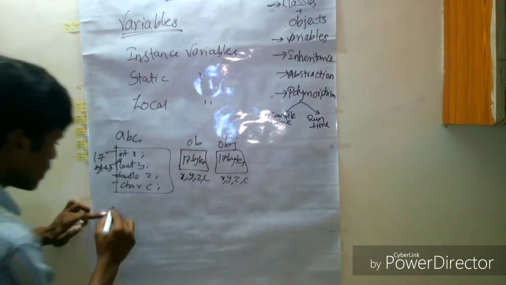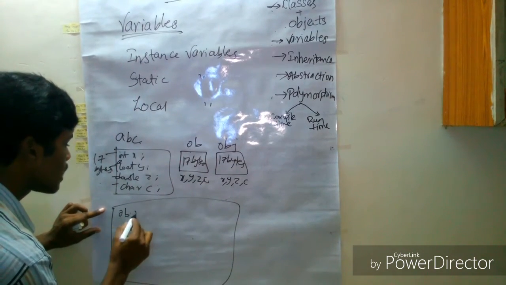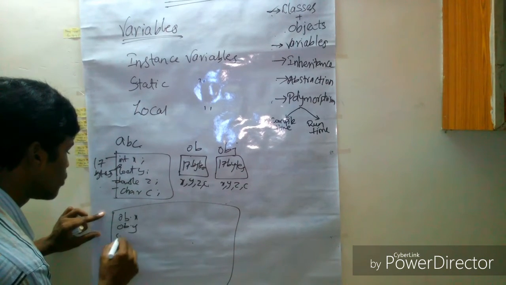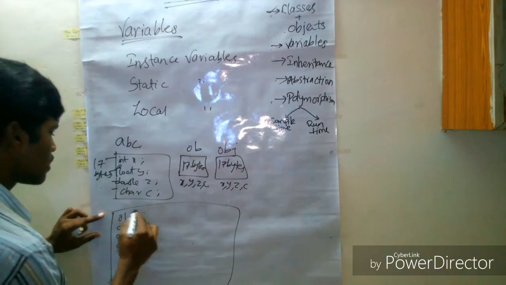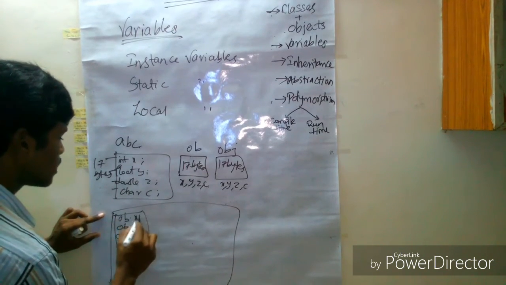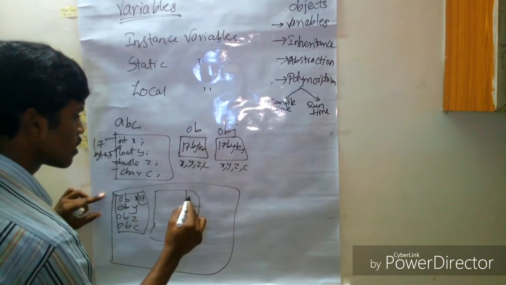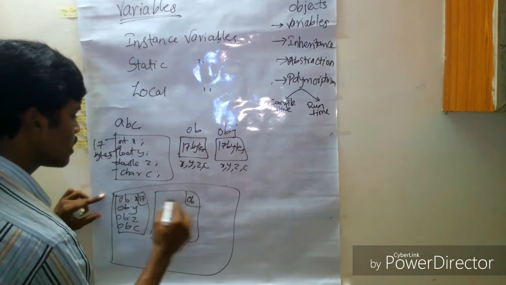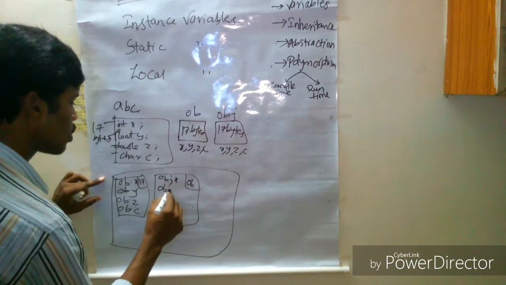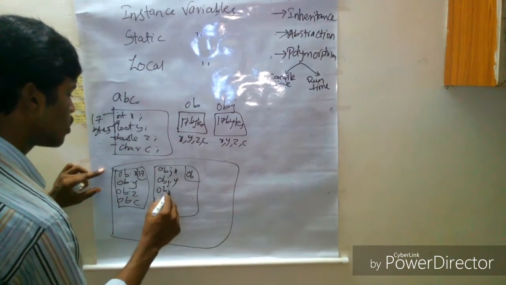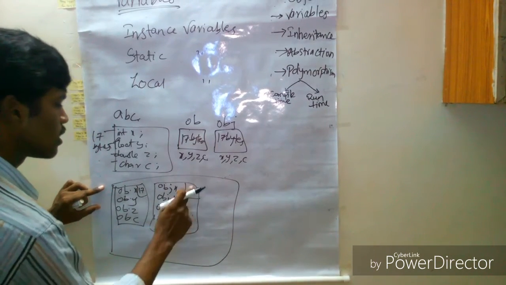In the main memory, there will be ob.x, ob.y, ob.z, and ob.c, and this is going to occupy 17 bytes. In the same way for obj, obj.x, obj.y, obj.z, and obj.c.